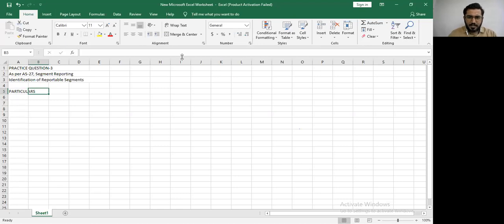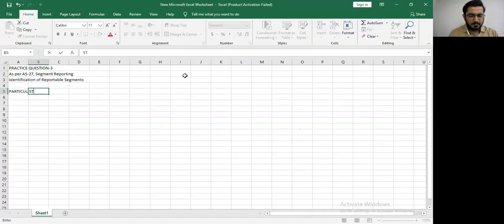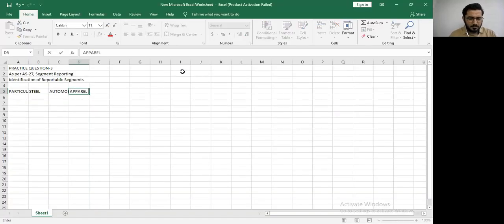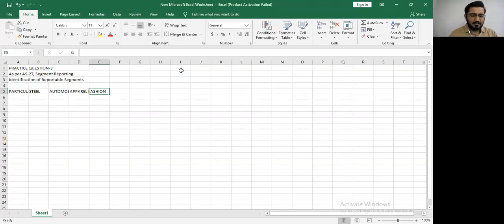The first segment that you have is steel, then automobile, apparel fashion, then you have skincare and pharmacy.